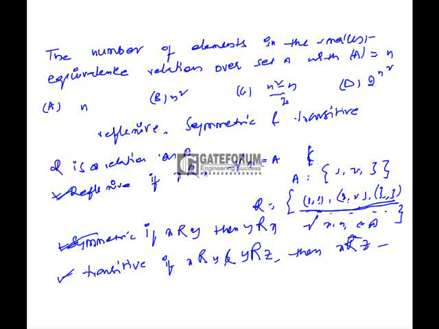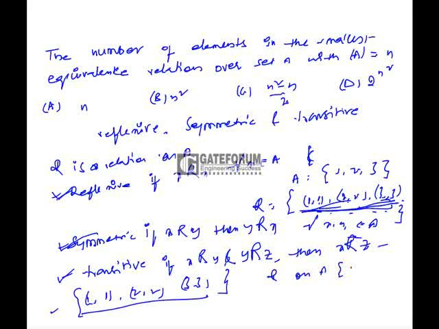That means, as we discussed earlier, all the diagonal elements should be there. Let us take this as an example: (1,1), (2,2) and (3,3). Let us suppose this is a relation R on A, which contains elements 1, 2, 3.